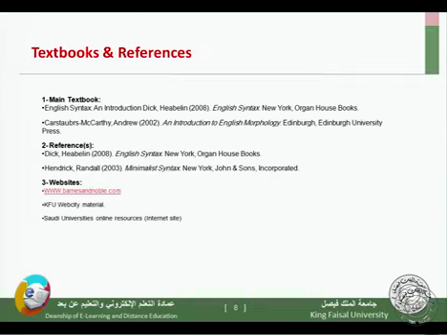I do understand that syntax and morphology are not easy topics, and I will do my best regarding them, but please, again, do me a favor. If you have a problem understanding something, please refer back to me.